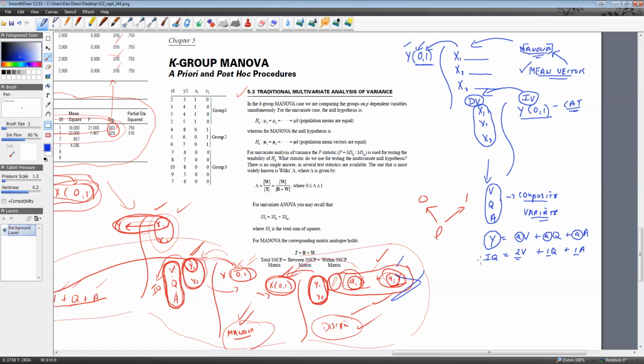Now, it's a naive linear combination because it doesn't satisfy any function. It's not guaranteed to do anything other than just satisfy our interests of how we think it should be defined. But it doesn't have any mathematical properties. It doesn't have any optimization properties associated with it. So that's why we're calling it naive.